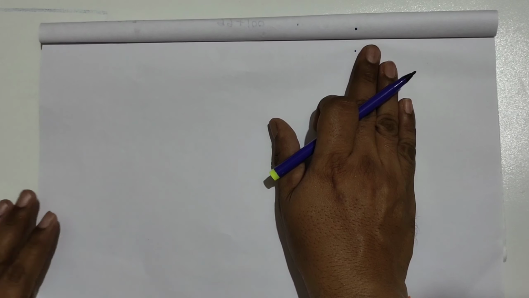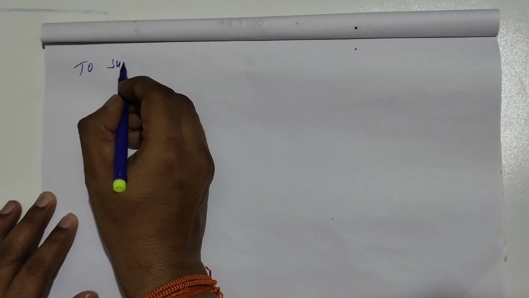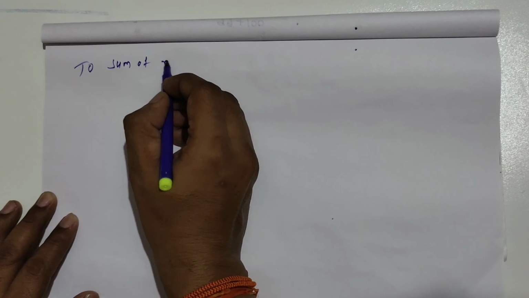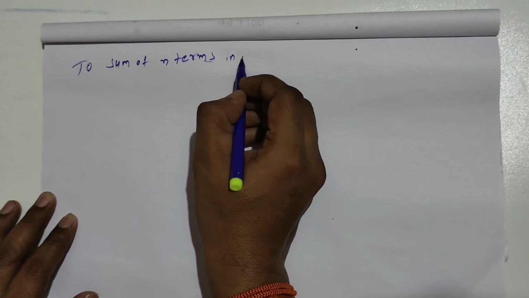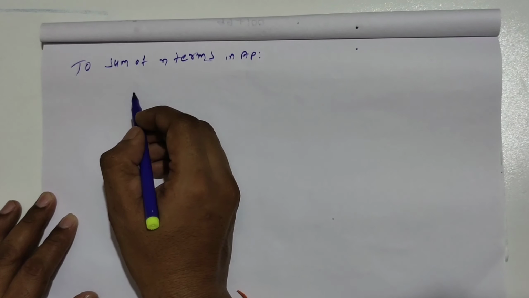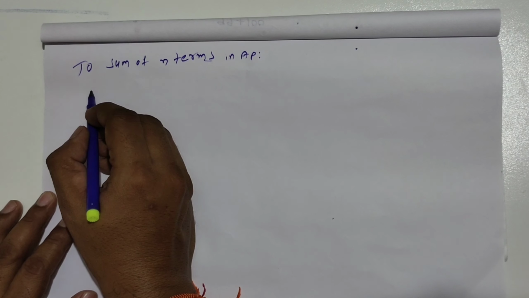First, let us write down how to find the sum of n terms in an AP. Let us start by taking the terms in an AP.